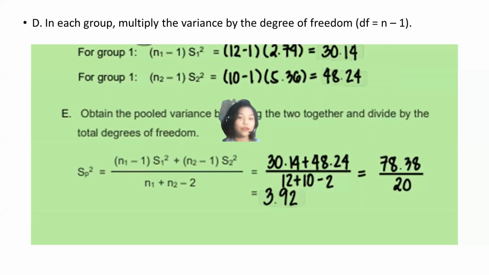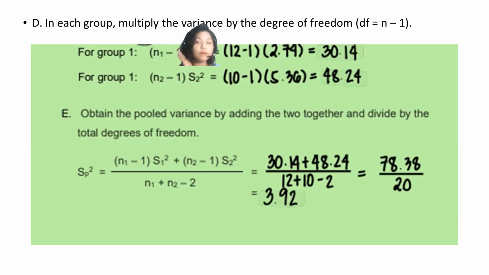divide by the total degrees of freedom. In order to pool that one, we simply need to add this and the value for the second group. So we add 30.14 plus 48.24 over the total df. Remember earlier, n sub 1 minus 1 and n sub 2 minus 1.